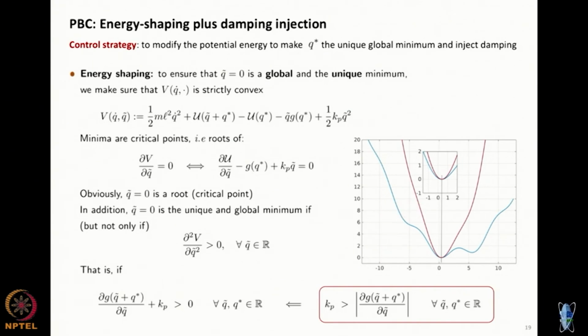So actually the condition comes to Kp should be larger than the partial derivative of the gravity forces vector. And that will ensure that the second derivative of V is positive, and that will ensure that my function is strictly convex in Q tilde. Okay. This is only sufficient, it's not necessary.